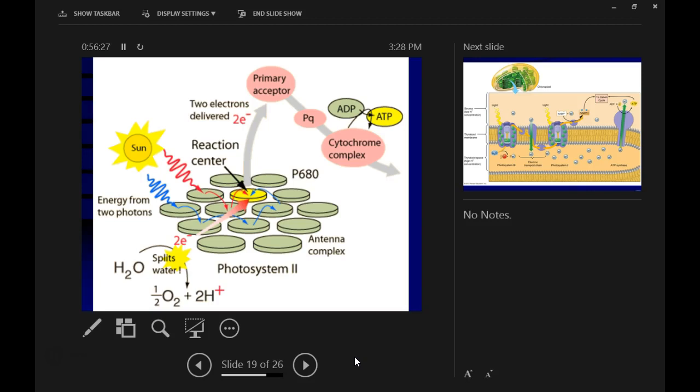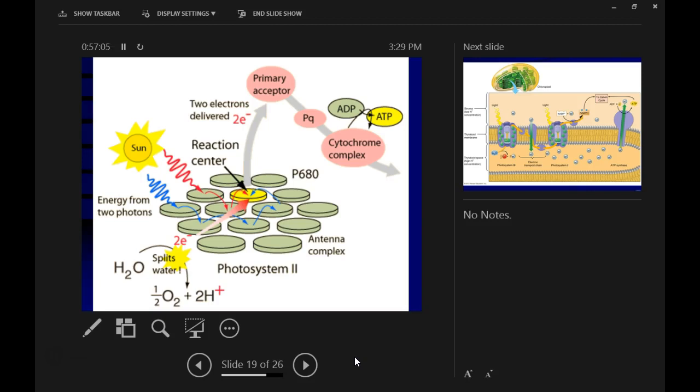And if you remember, at the beginning of the electron transport chain, we have energized electrons that get passed from one protein to the next. And by the time they get to the end, that energy has been extracted from those electrons. They are spent, but what's the energy used for? To pump hydrogen ions into the intermembrane compartment. Same thing happens here. But it's not the intermembrane compartment of a mitochondrion.